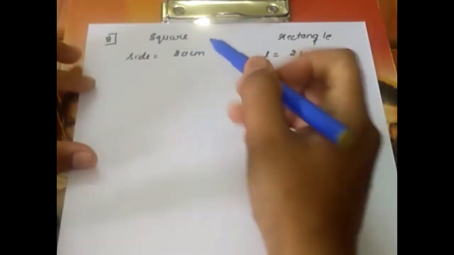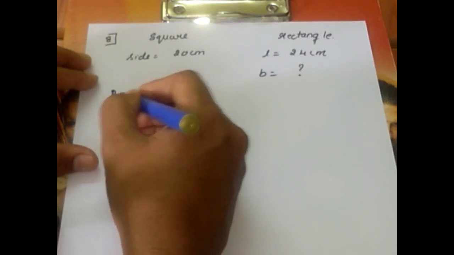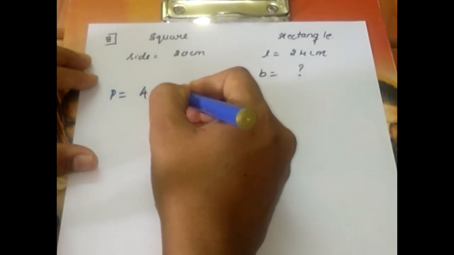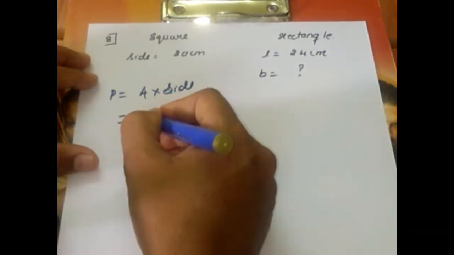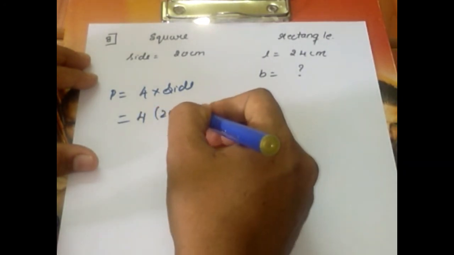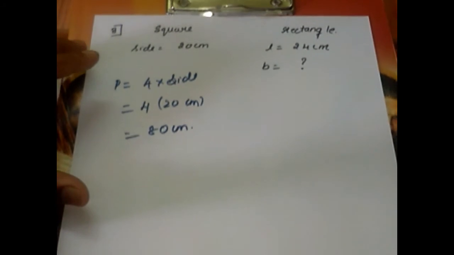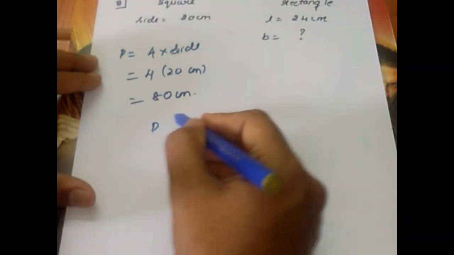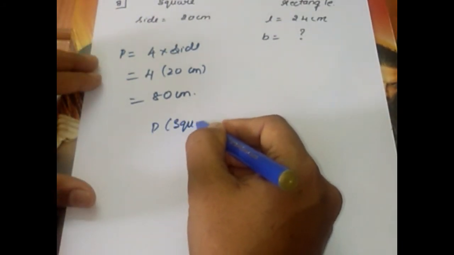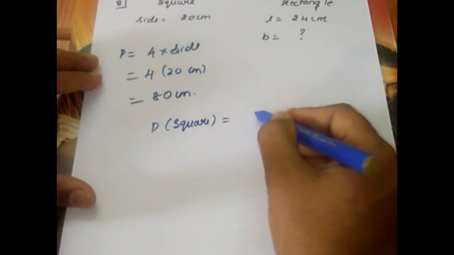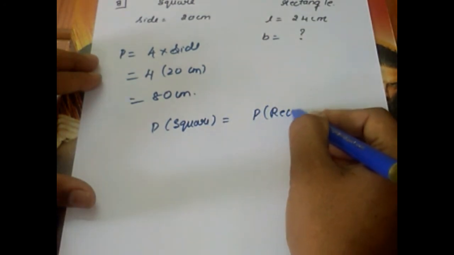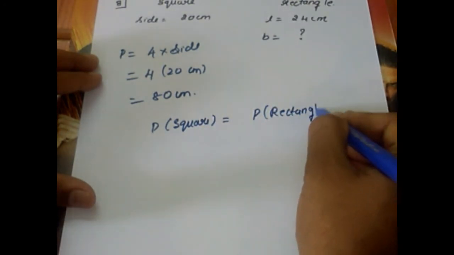Now first let us calculate the perimeter of the square, that is 4 into side, that is 4 into 20 centimeter. So the perimeter is 80 centimeter. Now we can say that the perimeter of the square is equal to the perimeter of the rectangle.